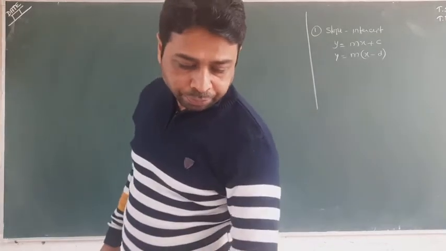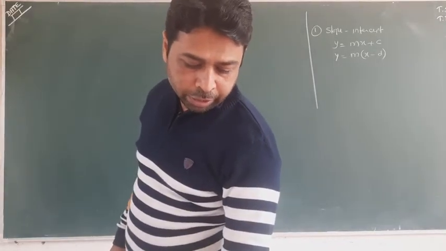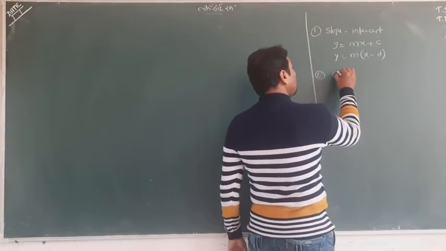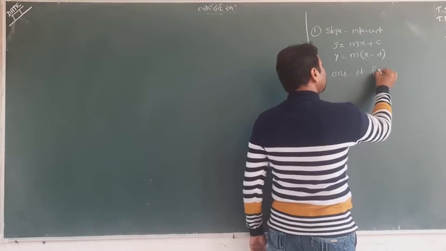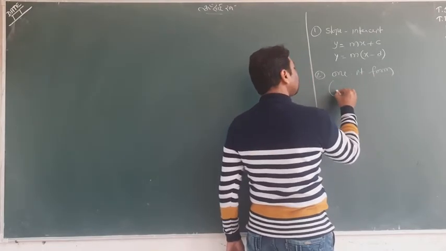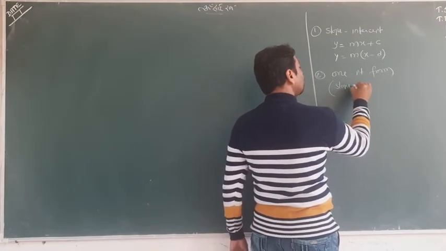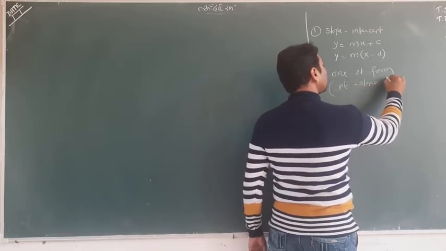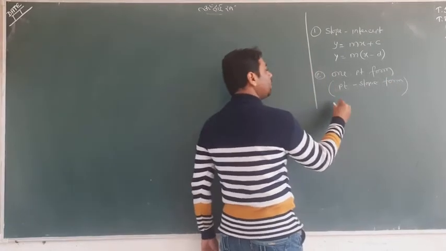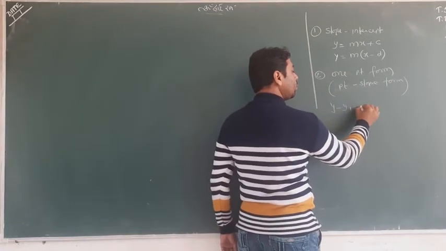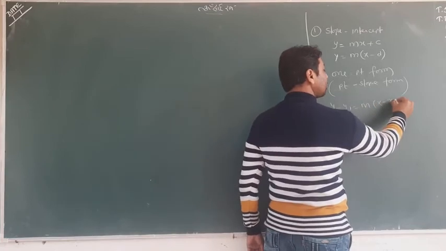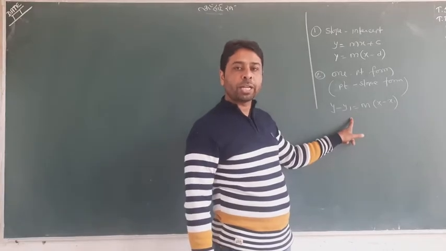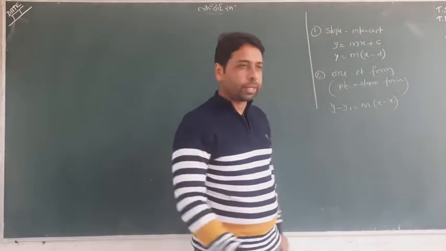Okay. Second. This is a one-point form, also called point slope form. Point slope form is y minus y1 equal to m(x minus x1), where (x1, y1) is one point by which the line passes, and m is the slope of the line.